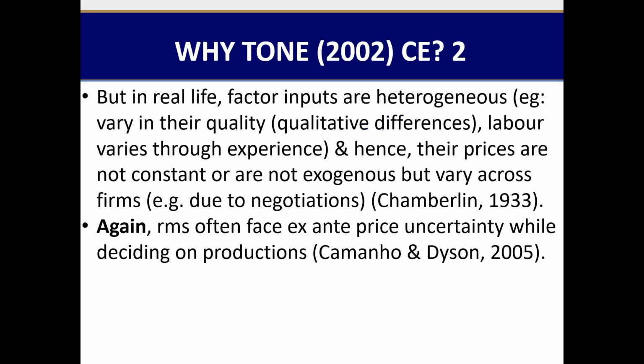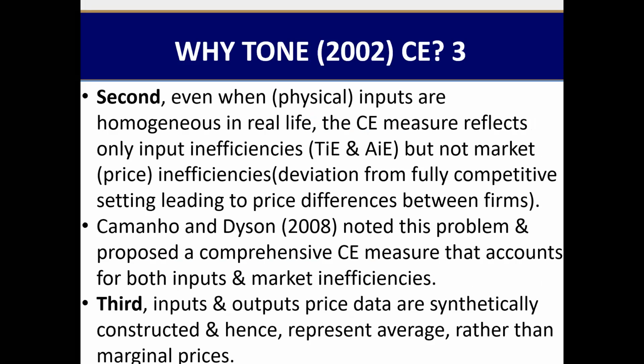In real life, firms are not homogeneous. They are heterogeneous. Also, firms face ex-ante price uncertainty. We don't know the exact prices when they are deciding their production plans. Things can change. You can bring things to the market and nobody will buy at the price. So that shows clearly that they didn't know, and so prices are not perfect.